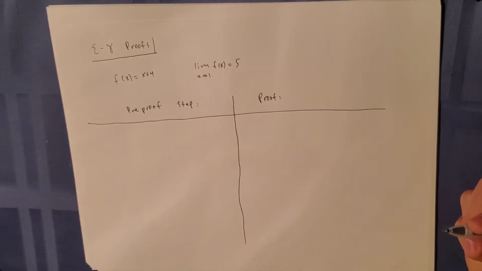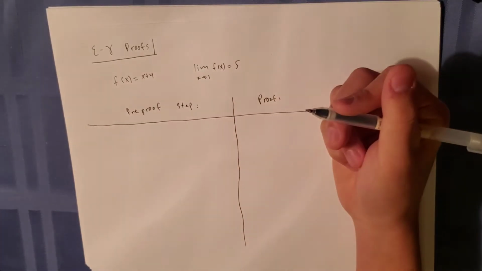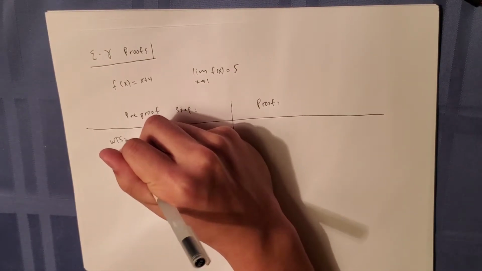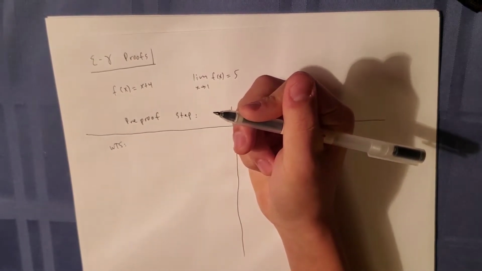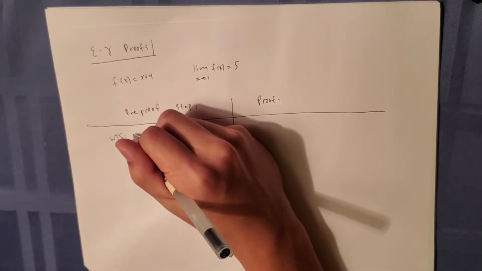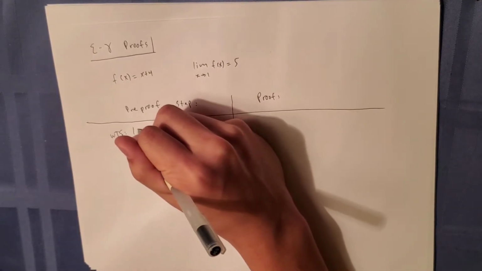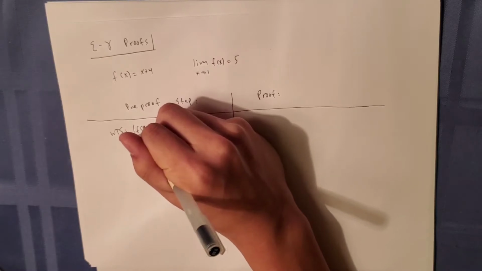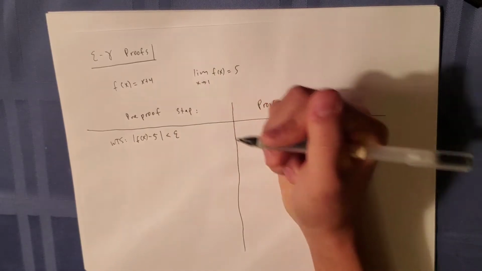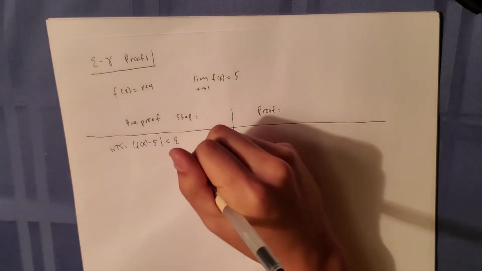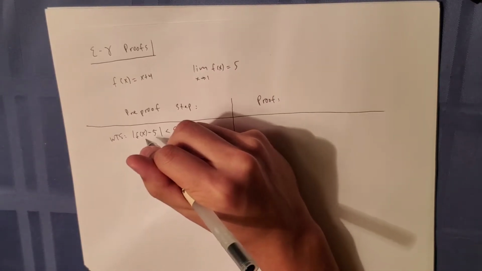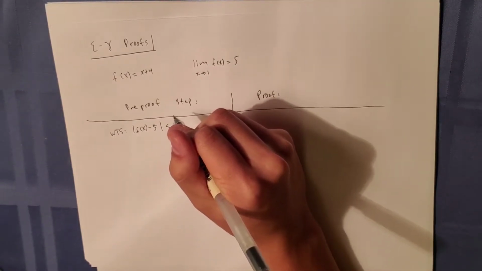So in our pre-proof step, let's see what we want to show. We want to show that for any epsilon, we can have that the absolute value of f of x minus 5 is less than epsilon.